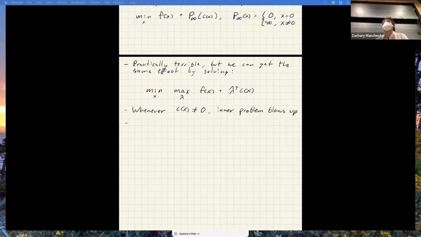Okay, so we can do the same thing for inequalities. That's the next move. So if I have min f of x subject to c of x greater than or equal to 0, I can turn this into min over x.